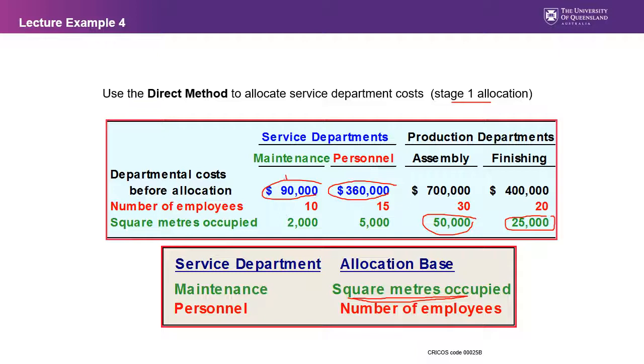So that's for maintenance. And for personnel, we're using number of employees. So for this departmental cost before allocation, the allocation base is the number of employees in assembly and finishing. We ignore how much of personnel is used by maintenance and how much of maintenance is used by personnel. So we're just worried about this direct relationship, what the service departments do for the production departments, and we're given the allocation bases.